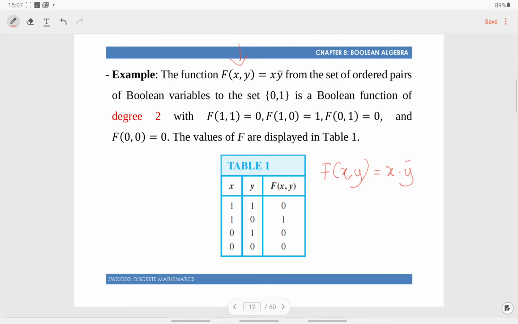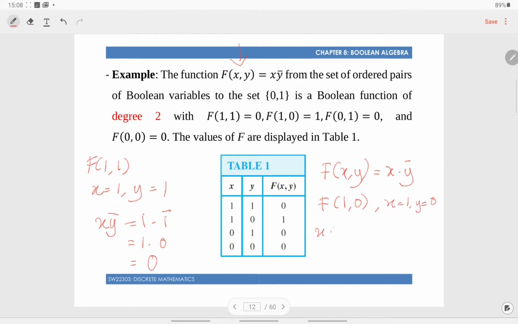Why is f(1,1) equal to 0? Okay, f(1,1) means our x equals 1, our y equals 1. And the function is x times y complement. So if x equals 1, 1 times 1 complement is equal to 1 times 0, and 1 times 0 is equal to 0. Okay, how about f(1,0)? f(1,0) means our x equals 1, our y equals 0.